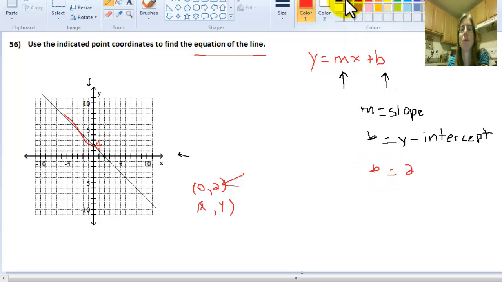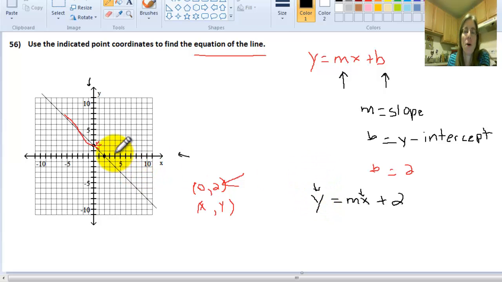We can plug that into our equation. So we're building our equation y equals mx plus, now we have the b, which is 2. We do not have to find values for x or y. X and y represent any point on the line.